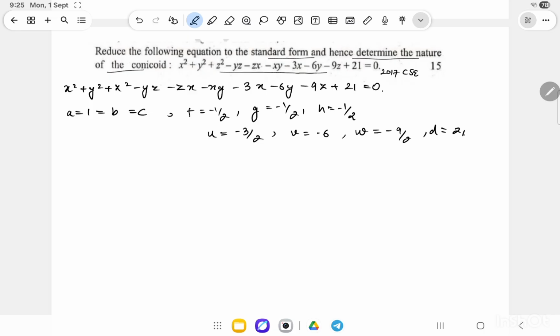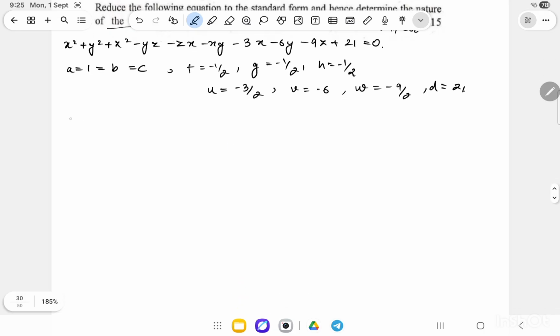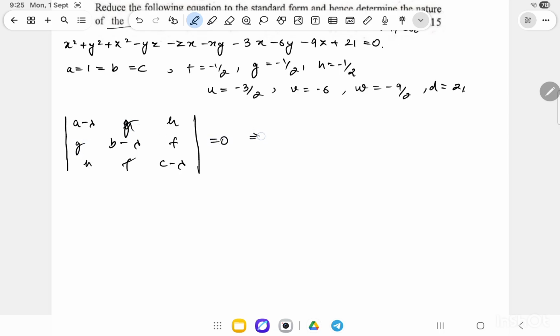First let us find the discriminating cubic, that is the determinant with a minus lambda, b minus lambda, c minus lambda, and f, g, h equal to 0. Substituting the known values, I get the determinant with 1 minus lambda, minus 1 by 2, minus 1 by 2; minus 1 by 2, 1 minus lambda, minus 1 by 2; minus 1 by 2, minus 1 by 2, 1 minus lambda equal to 0.